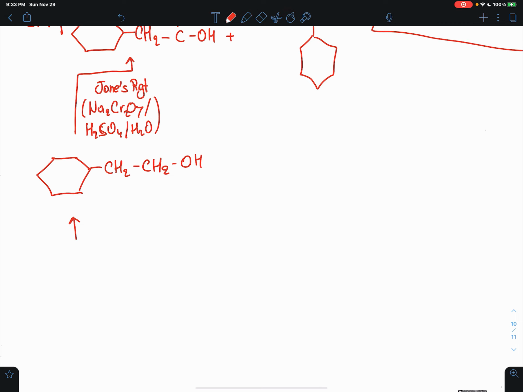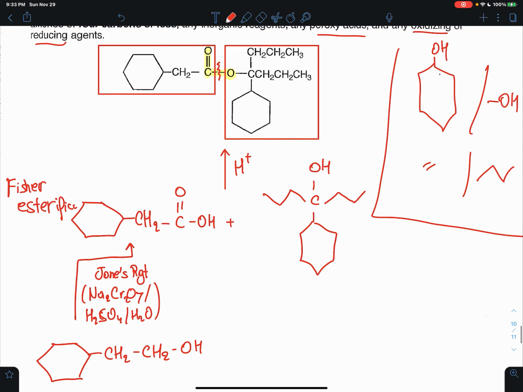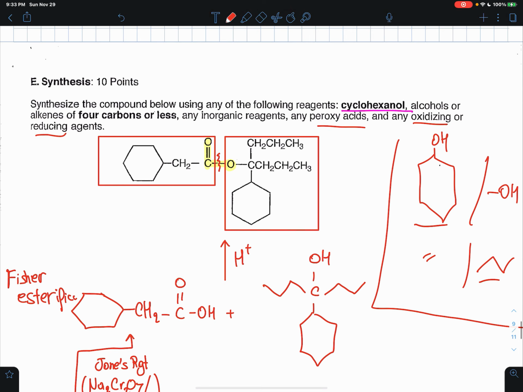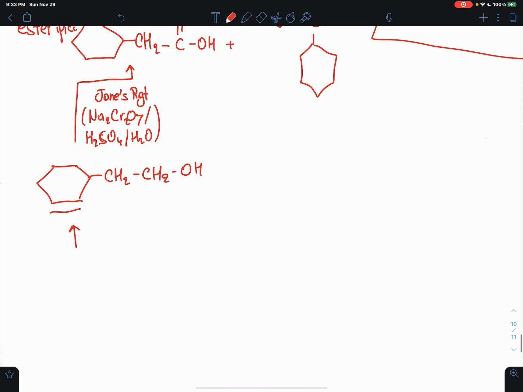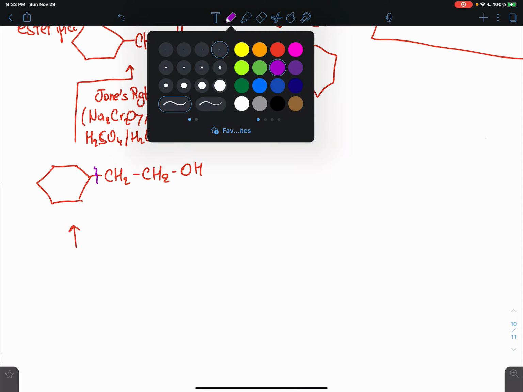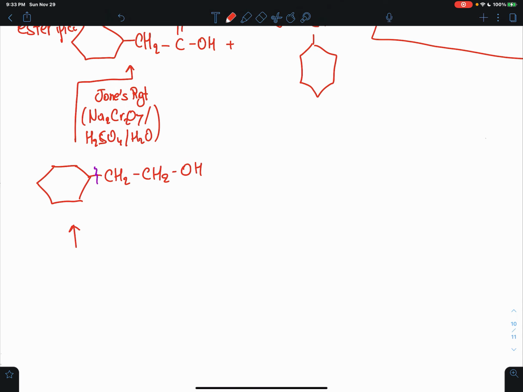Now, remember what we mentioned is that we have to start with a cyclohexanol and 4 carbons or less. So we have a cyclohexane here, and we have 2 carbons. So I want to try to split it right here. And the only reaction that we know how to do that is using Grignard reaction.